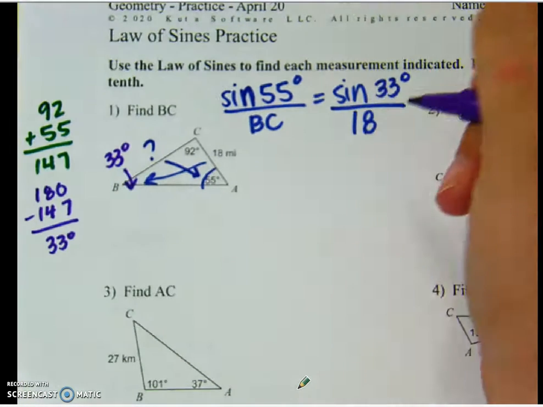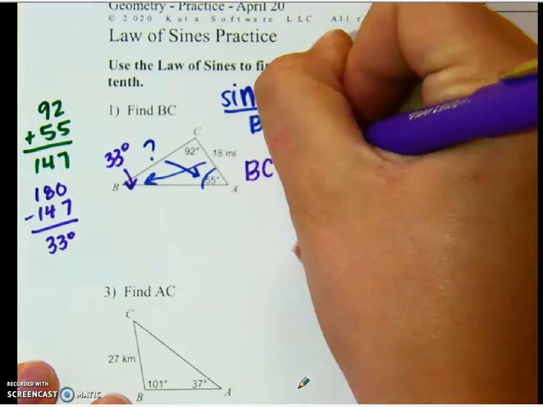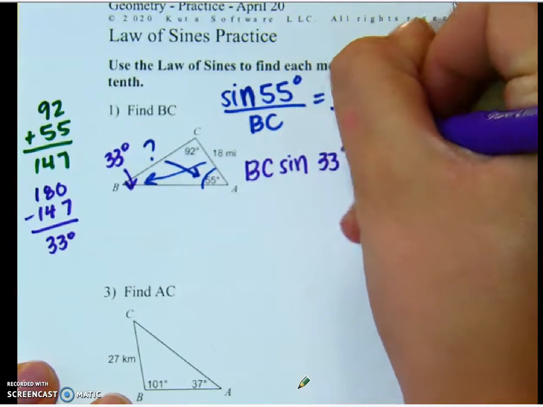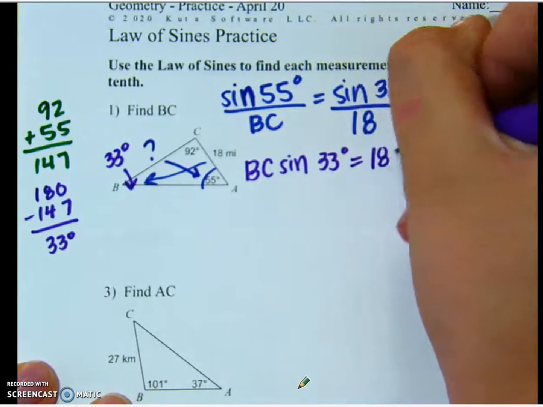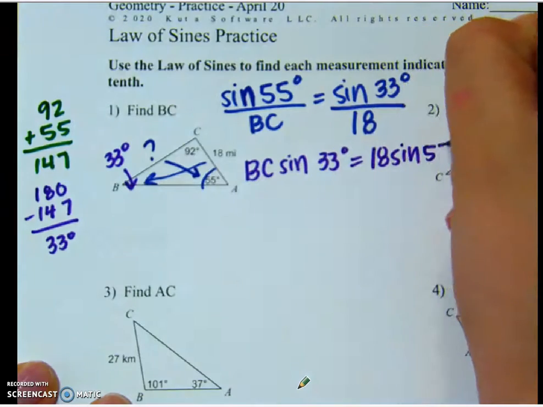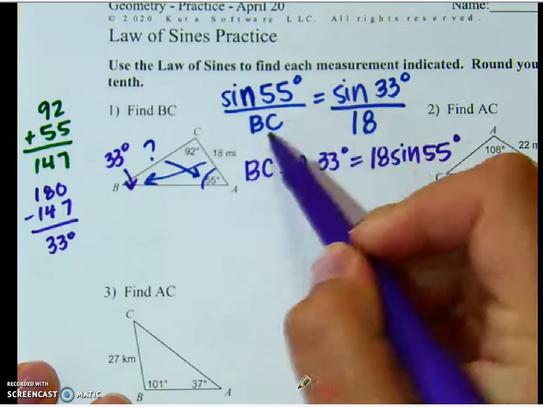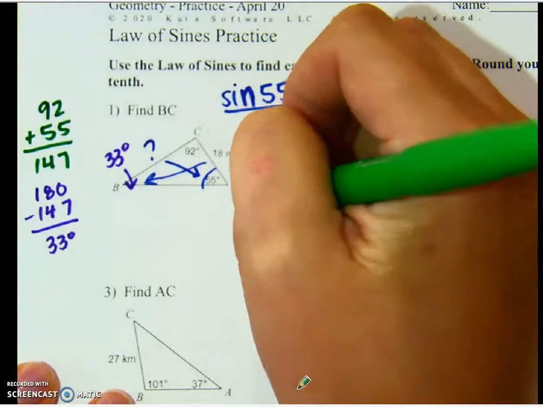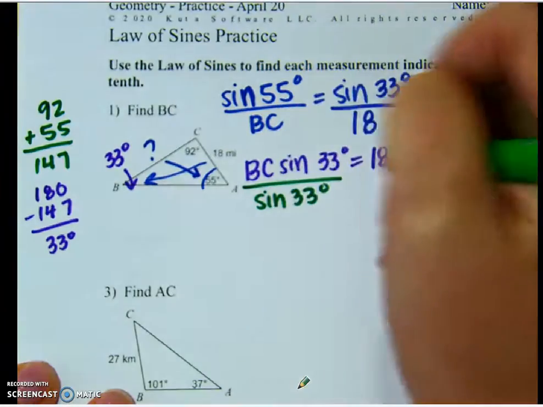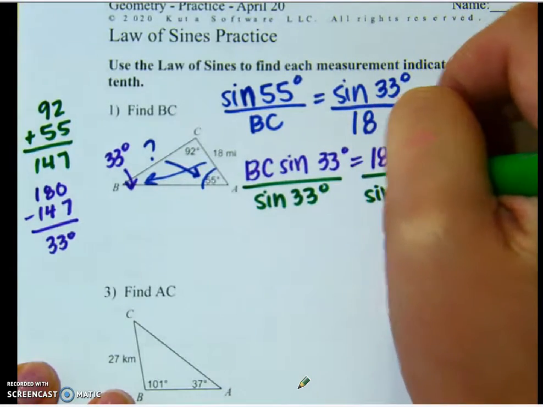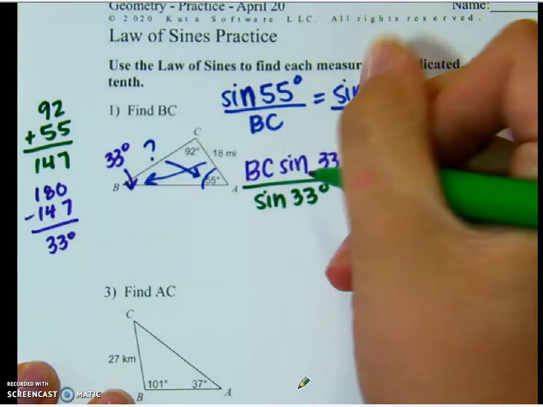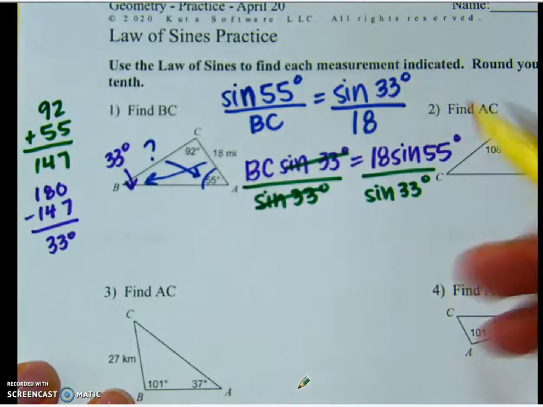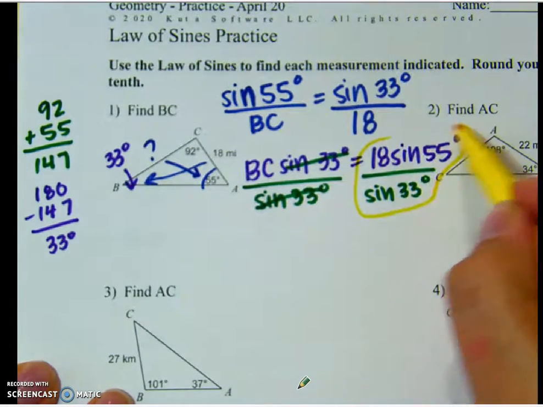Okay, so then cross multiply, that's going to be BC sine 33 equals 18 sine 55. So cross multiply. And then from here, we're just going to divide by sine 33. And remember, in your calculator, you're going to type in all of this right here.